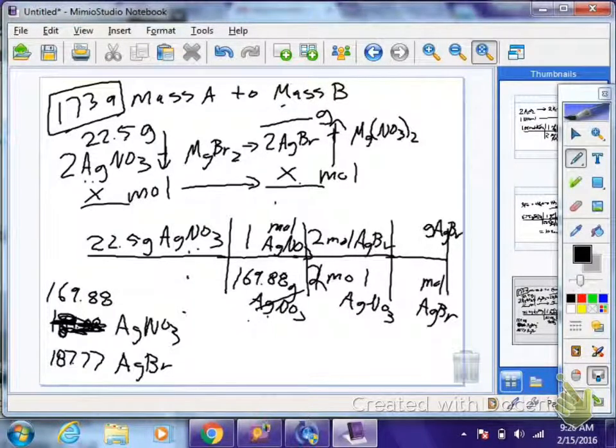So down here, I'm not going to put 2, because I'm relating it to grams, and it's for every 1 mole. I'm going to put 1 mole, and up above, I'm going to put the weight. I'll have to calculate it, but I've calculated for you here. It's 187.77. You can read that. Kind of ran out of room. 187.77 grams.